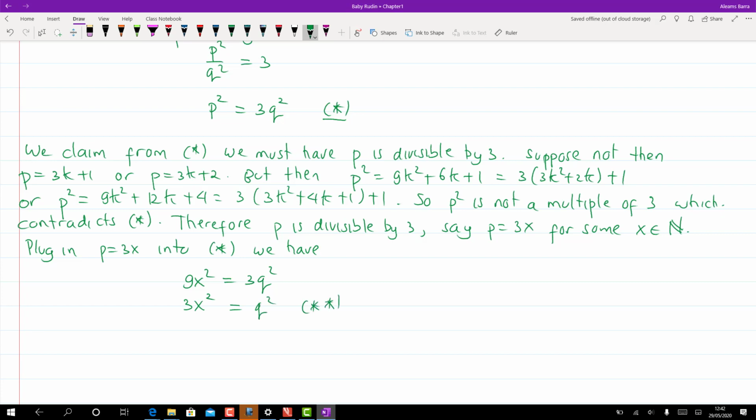This equation closely resembles the star equation; we just exchange the roles of p and q into q and x. By the same argument as above, since 3 divides q squared, 3 divides q, so q is equal to 3y for some y.